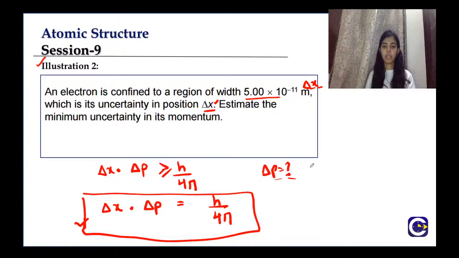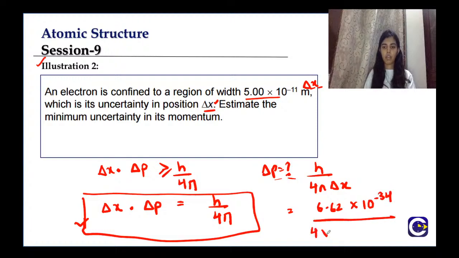Delta p will be what basically? h upon 4 pi delta x. So this will be 6.62 into 10 raised to the power minus 34 divided by 4 into 3.14 into what is delta x? 5 into 10 raised to the power minus 11.